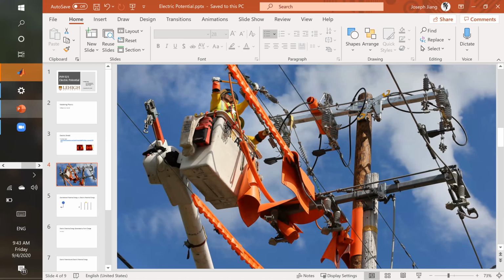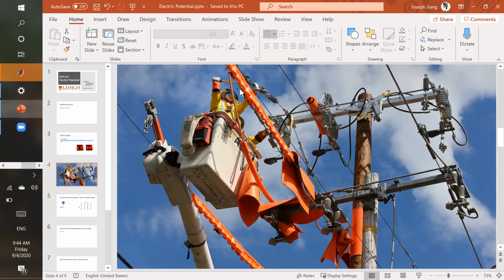So this guy has to work with the electricity on. So this guy needs to wear a very special jacket. This jacket has metal pieces inside the jacket. This jacket is very heavy. So they are made of metal, and the metal is going to shield this guy and protect this guy.